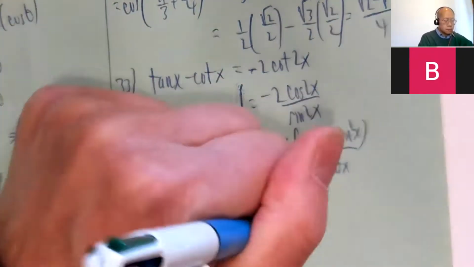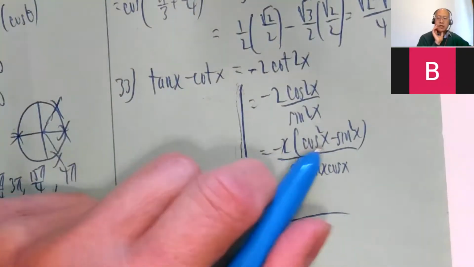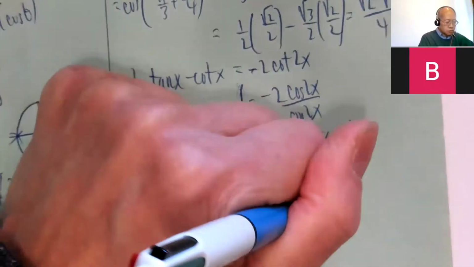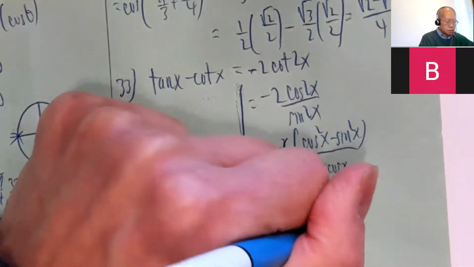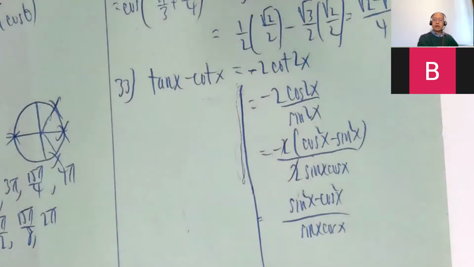Cancel, cancel. And how about I distribute the negative? The opposite of cosine squared minus sine squared is sine squared x minus cosine squared x, over sine x cosine x. And that's probably all we can do on that side.